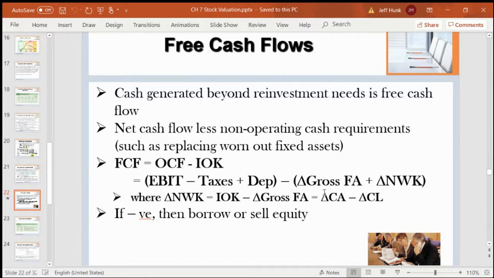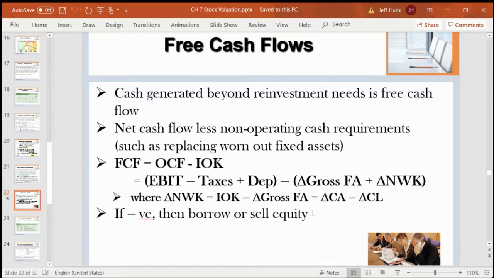And the management won't just watch it hands down. When the production capacity goes down, they will replace the worn out portion of the capital.